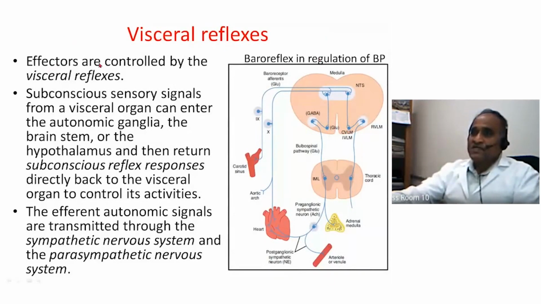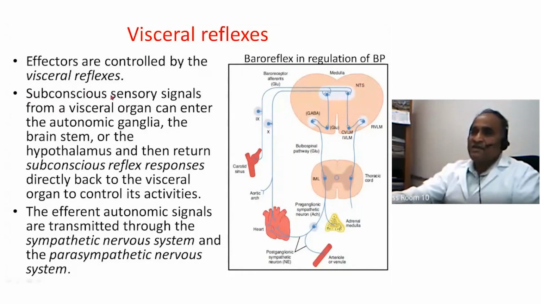Now, this is at a subconscious level, because we don't know what the blood pressure is in our artery. That is how it homeostatically regulates our blood pressure. The effectors are controlled by the visceral reflexes, the way I mentioned.